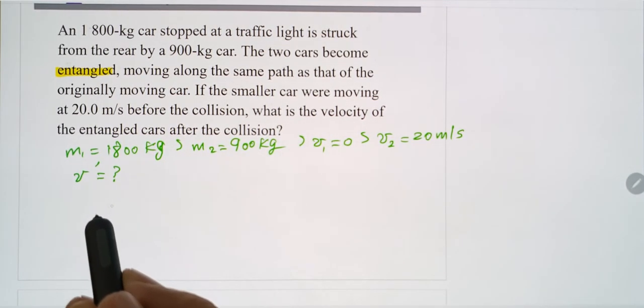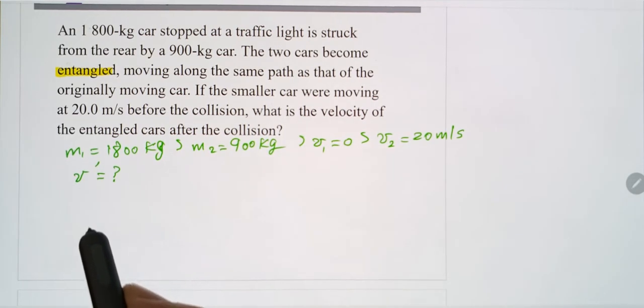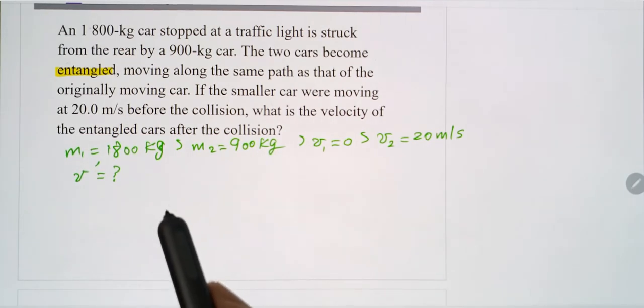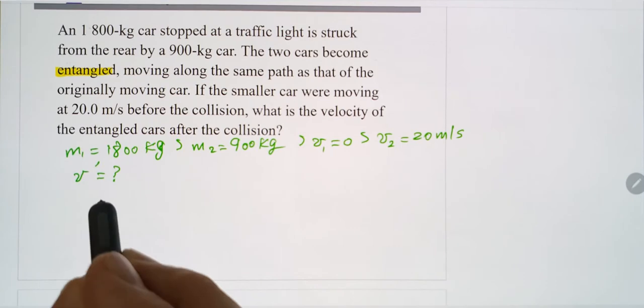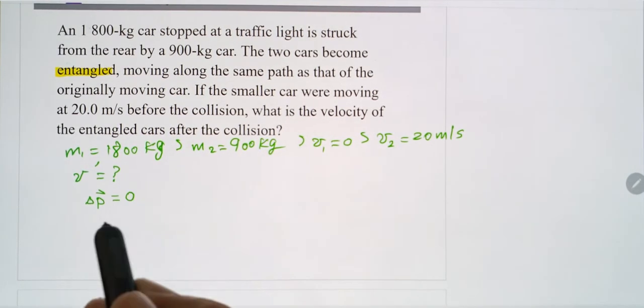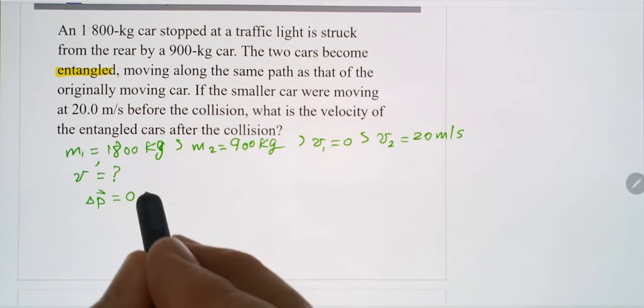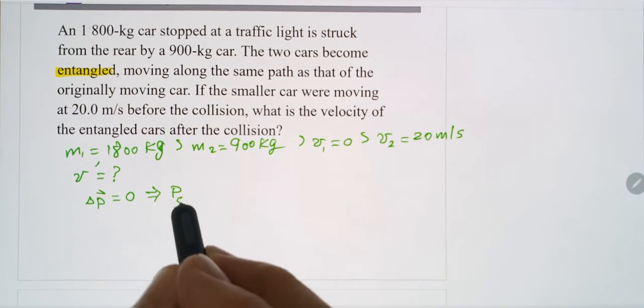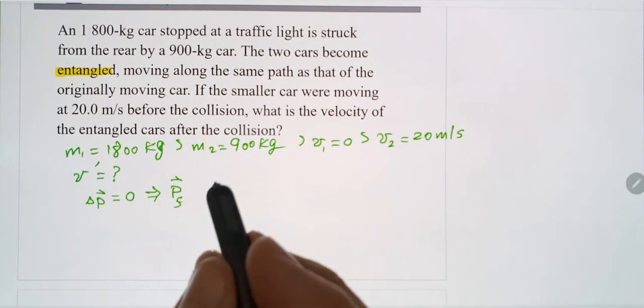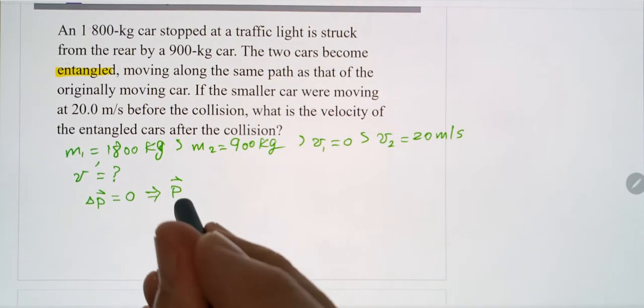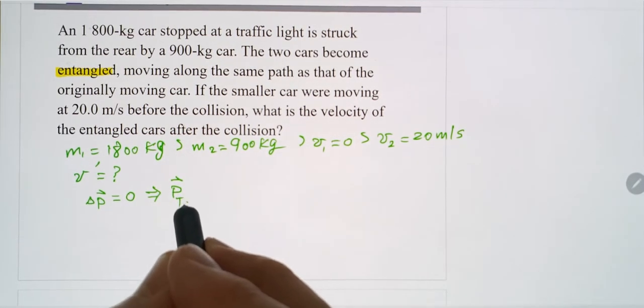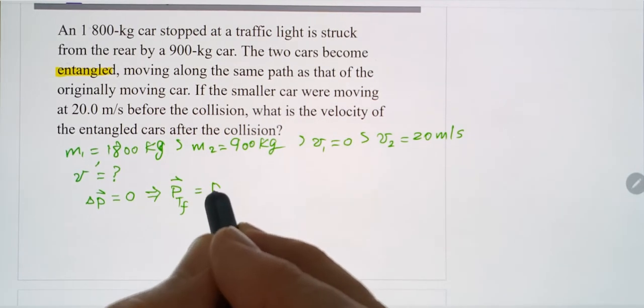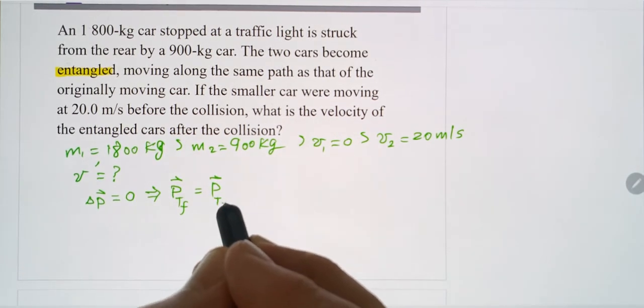So in this situation, the collision is internal between the two cars, so no external force. So change of momentum must equal to 0, and that means total momentum final must equal total momentum initial.